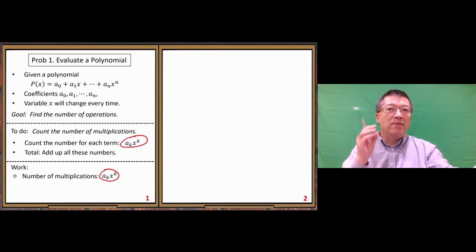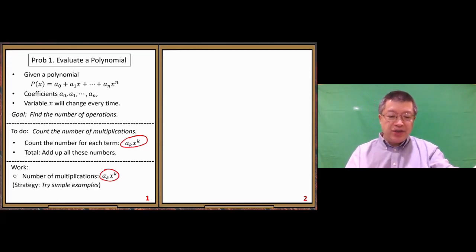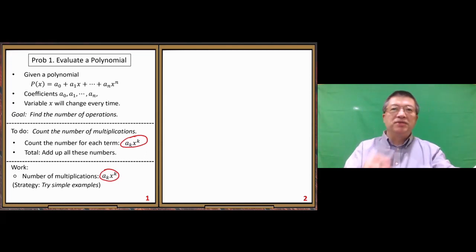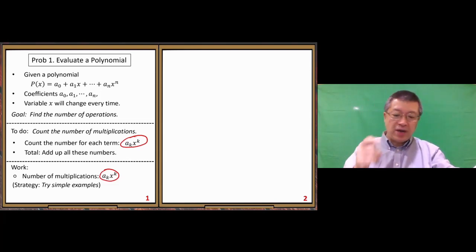Here, I recommend one strategy. Later, we will use it again and again. The strategy is: try simple examples. Then you can get an idea, and then you can summarize some rule from those simple examples. Here, let me show you how to do it.